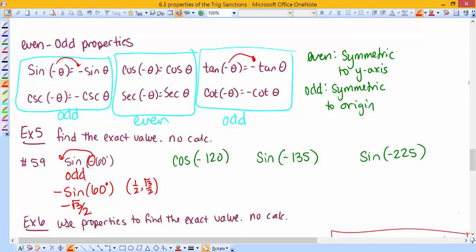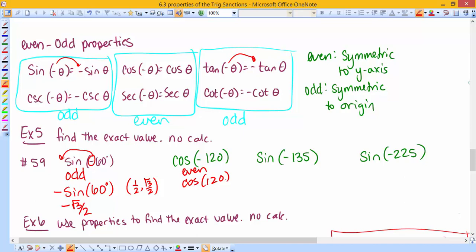Simple as that. Cosine is an even function. So instead of moving the negative to the front, this is just the cosine of 120. This has to do with where sine and cosine are negative inside your circle.